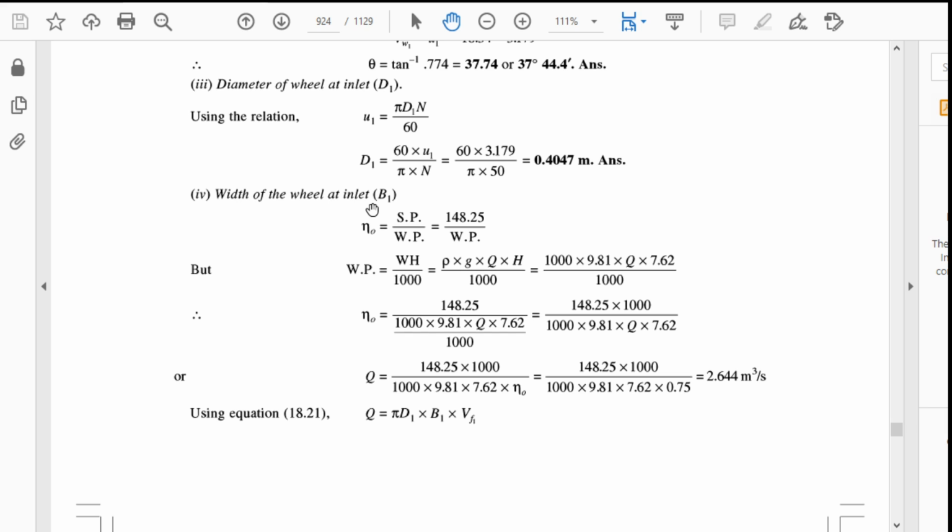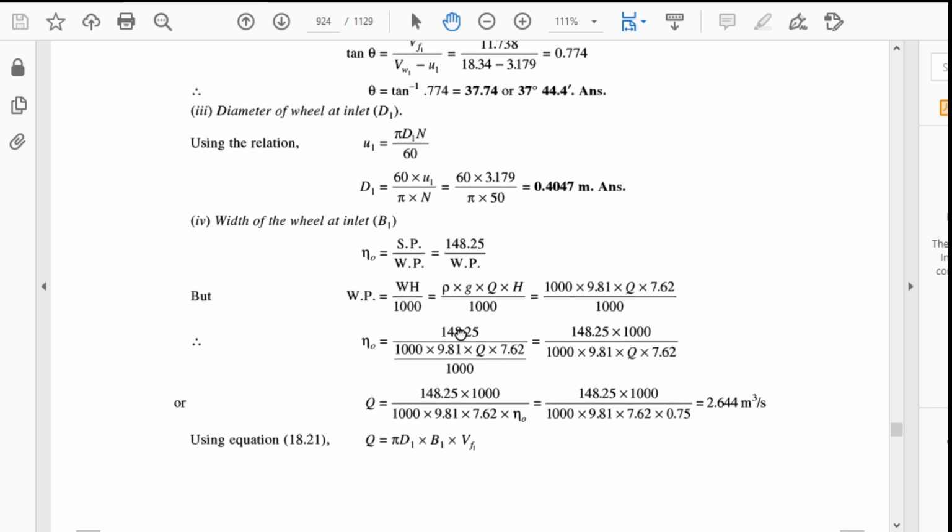The shaft power value is directly given, but water power we can find by using rho g q h divided by 1000, in which q is unknown. h is known and the remaining quantities are constant, so q is the only unknown here.